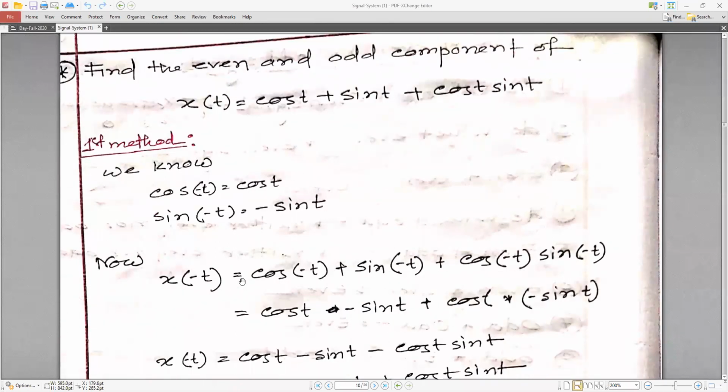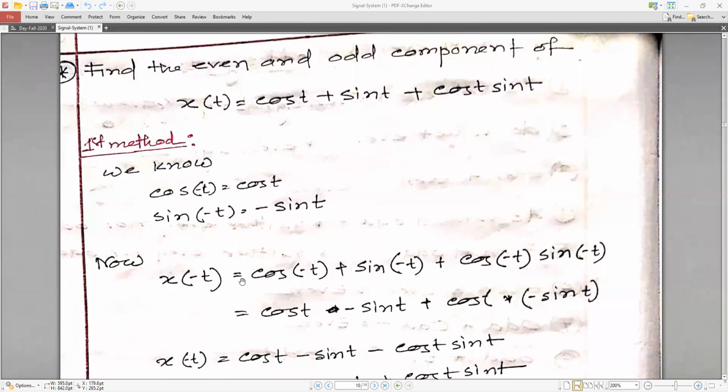Now, see the question here. The equation is given: x(t) is equal to cos t plus sin t plus cos t sin t.